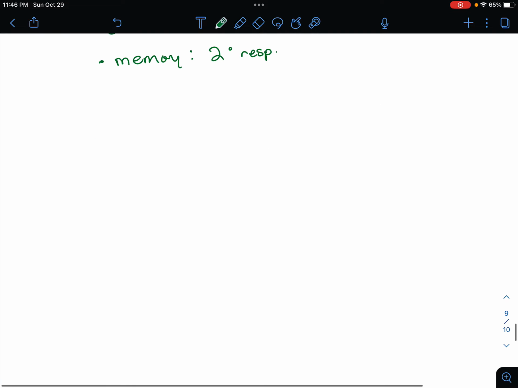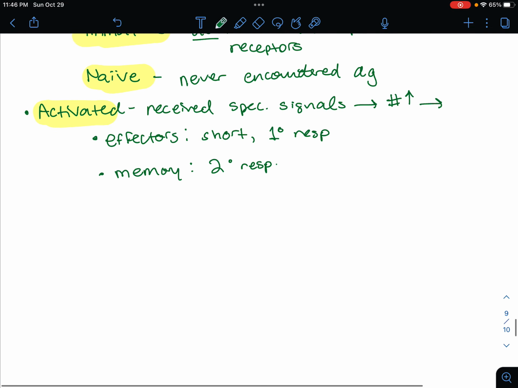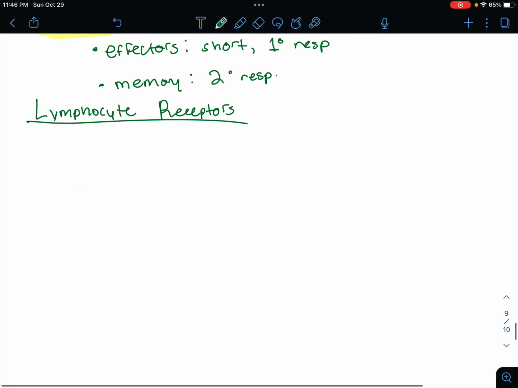Okay, so now let's talk about their receptors. Here we're going to be talking about how they get that specificity down. B cells and T cells are two types. We also have natural killer cells, or NK cells, but right now we're going to talk about B and T cells.